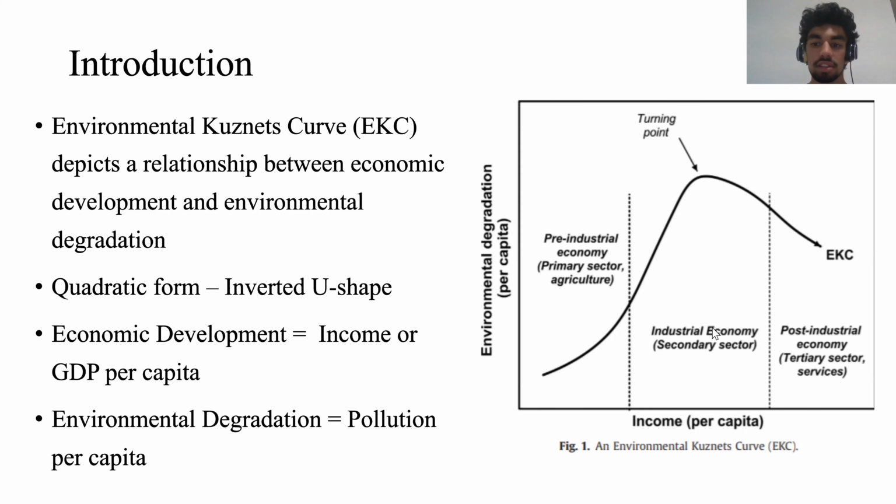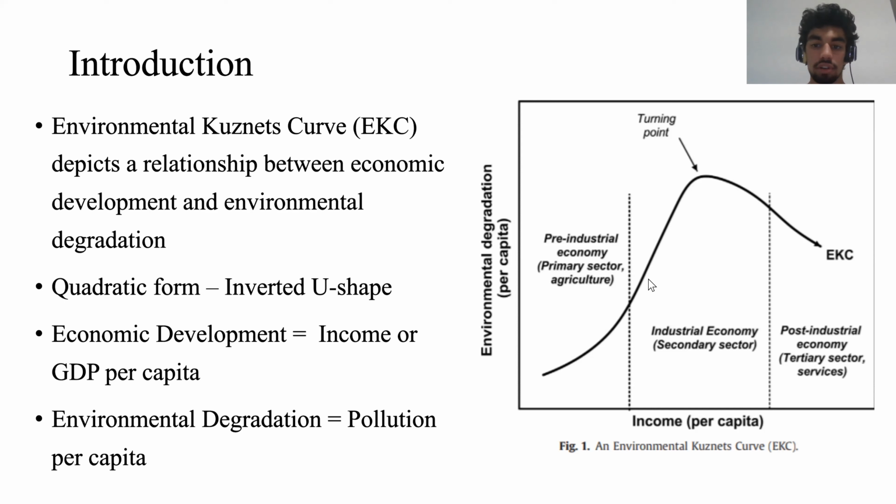The model breaks the types of economies that a country can have into three different sectors: primary sector, which is a pre-industrial economy; secondary sector, which is an industrial economy; and tertiary sector, which is a post-industrial service-based economy. Based on the type of economy that a country has, the environmental Kuznets model predicts what the relationship between economic development and environmental degradation will be.